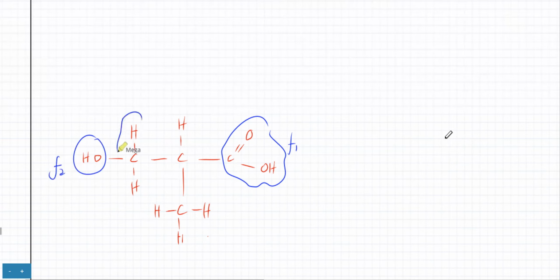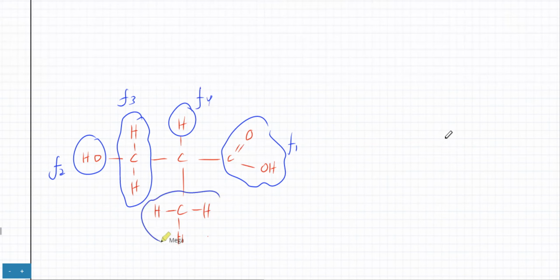These two CH2s have exactly the same chemical environment and they would resonate at frequency F3. This hydrogen has a different chemical environment compared to all the others. The types of things that it is bonded to are different from all the rest. So that would resonate at frequency F4. And these three hydrogens over here would resonate at frequency, let's call it F5.